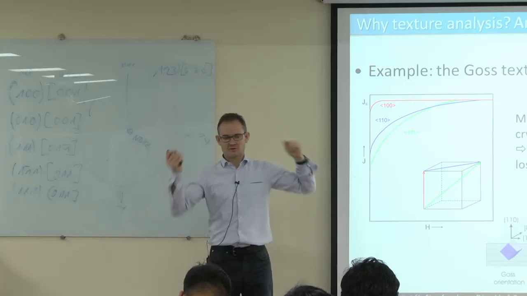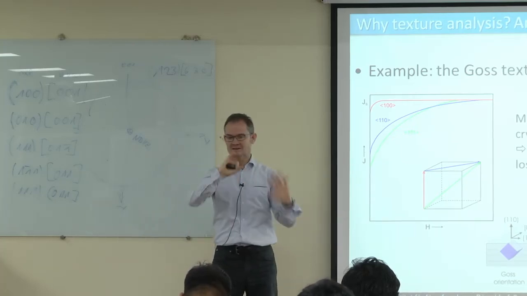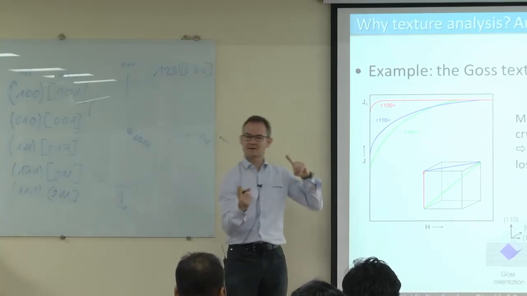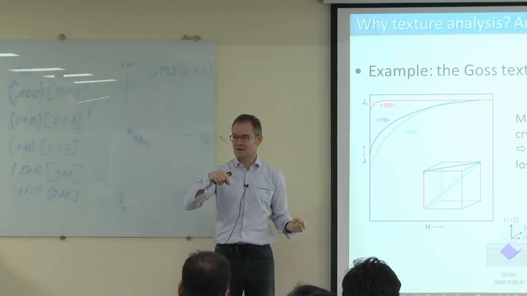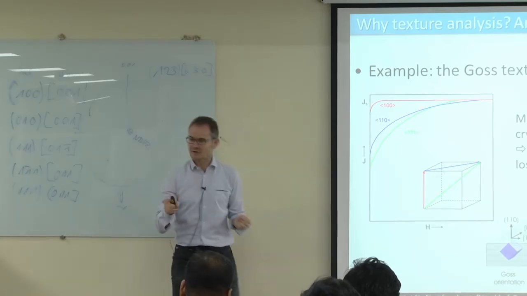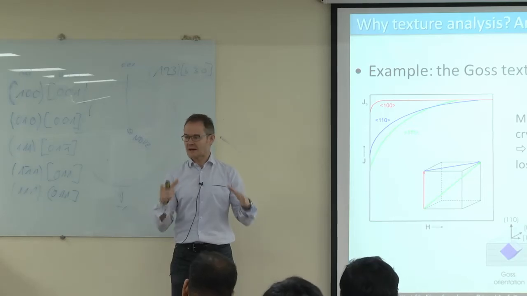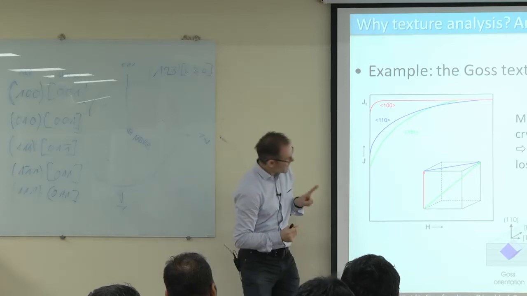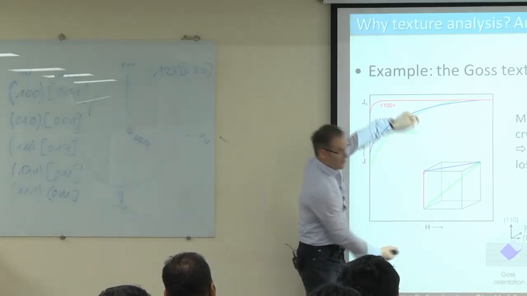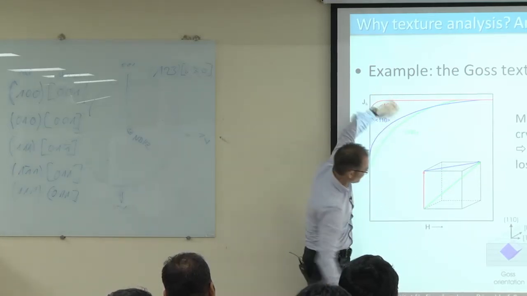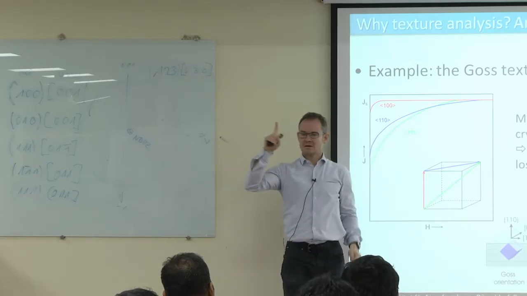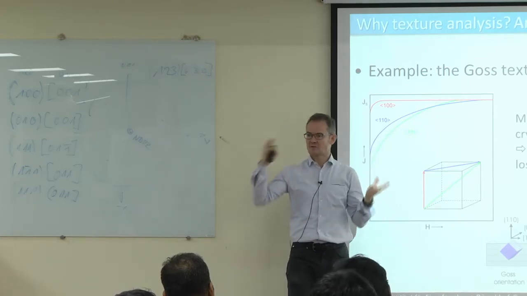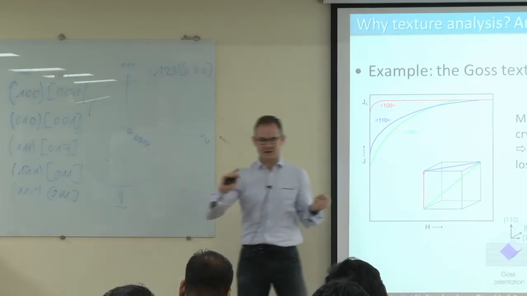If you allow them to be somehow flexible, rotating or something, they would probably start making a texture of 100 if you put them in a magnetic field. And this magnetic field is a process which I apply to that sample, and this process has a direction. For example, I put a magnetic field in this direction, or I put a mechanical force in this direction, and the crystal symmetry will react with the process symmetry and create a texture.